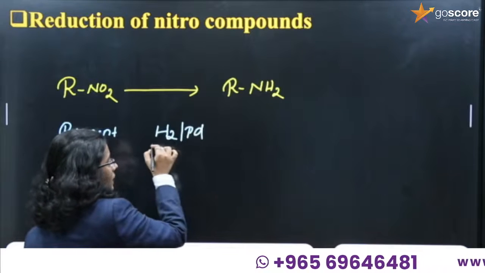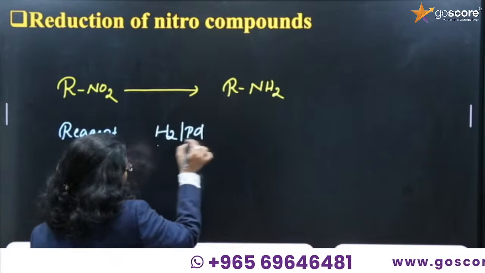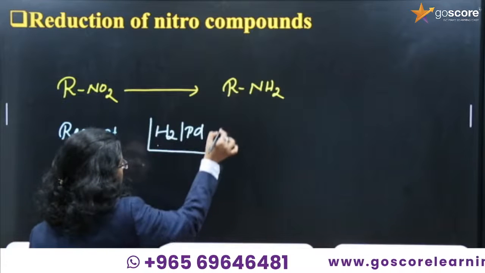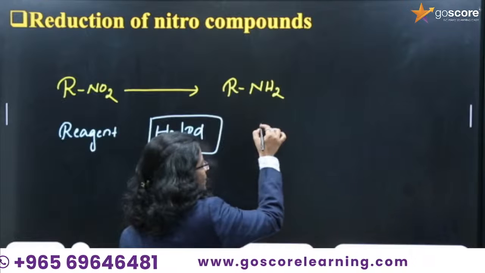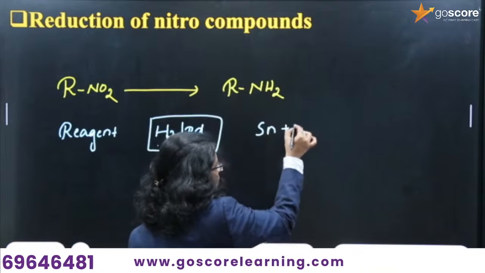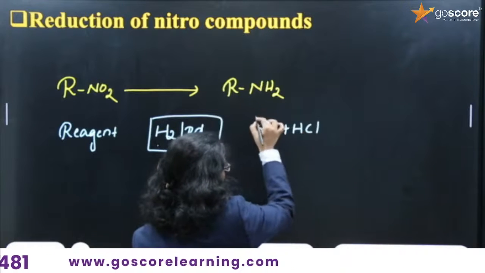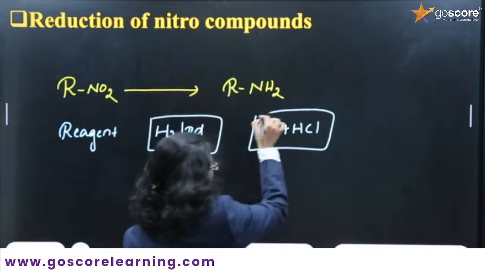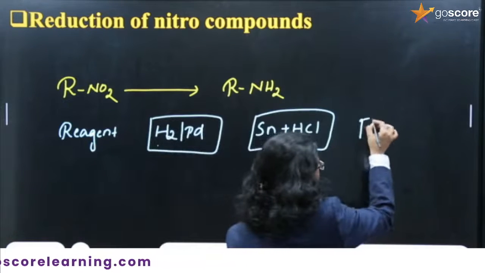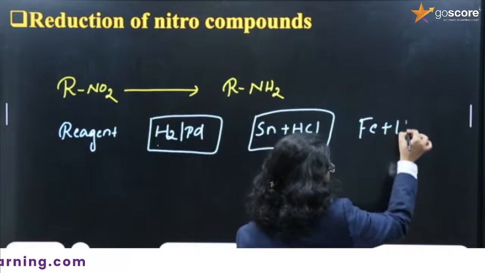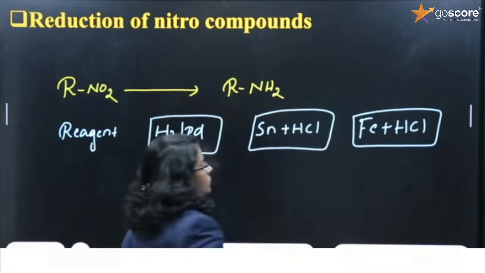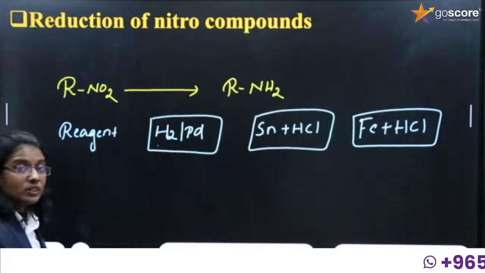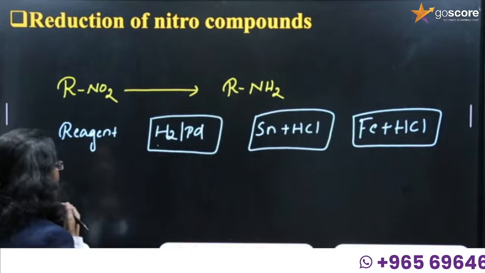So H2 over Pd in presence of ethanol. Then active metals such as Sn plus HCl or Fe plus HCl. So you have to learn what reagent we are using.